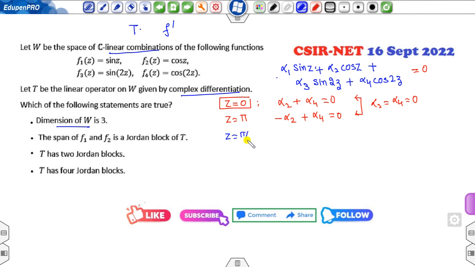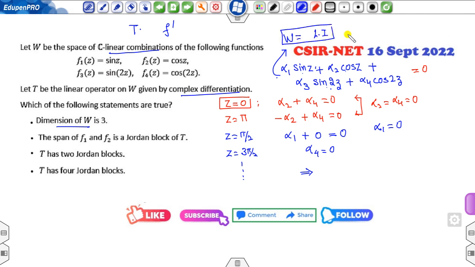Now I can take pi by 2, where sine pi by 2 is 1 and sine pi is 0, so alpha 1 is also 0. I can take z as 3 pi by 2 or any other number, and you will get alpha 4 is 0. That means the set W is linearly independent. Once this is linearly independent, what is my dimension? There are 4 elements, so the dimension is 4.